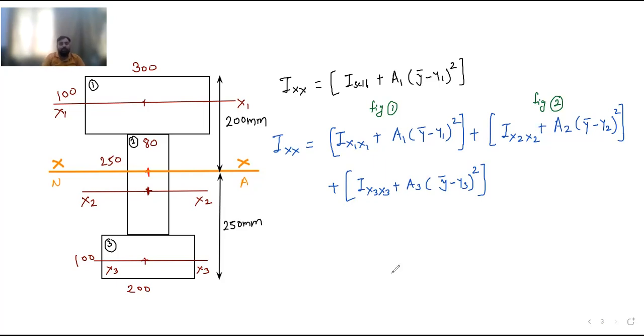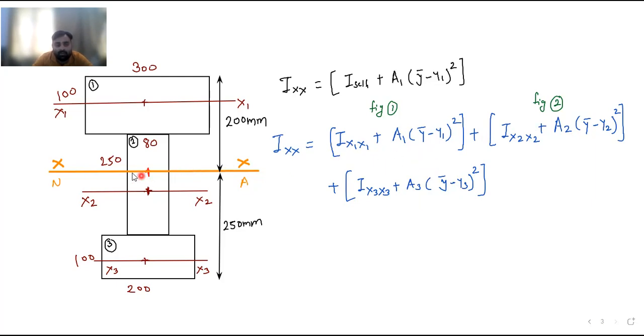Okay. In some books, this distance is h1 square. In some books, it is a1 h1 square, a2 h2 square, a3 h3 square. Likewise, it is done. So h1, h2, h3 means what?